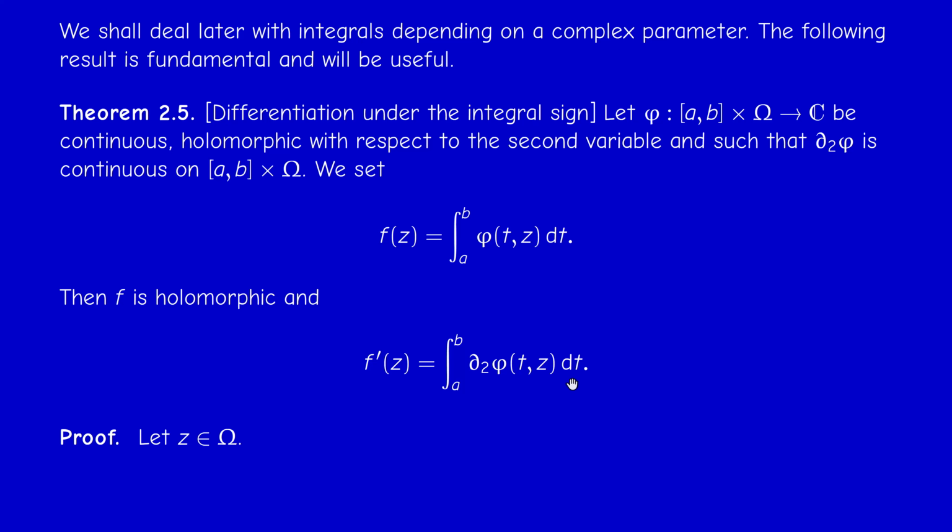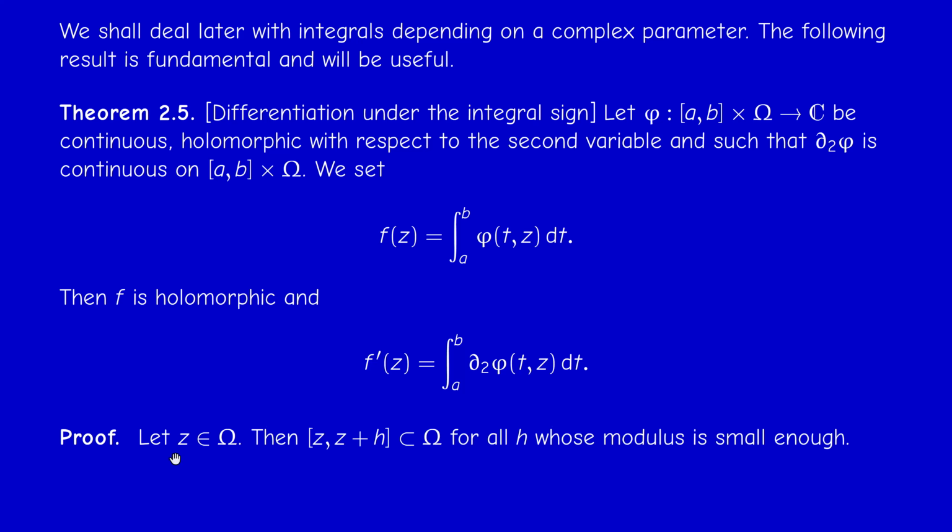Okay, so I want to prove that f is holomorphic at every point z. So I pick a point z in omega, and of course I can choose h small enough so that z plus h, the straight line segment joining z to z plus h, is in omega.